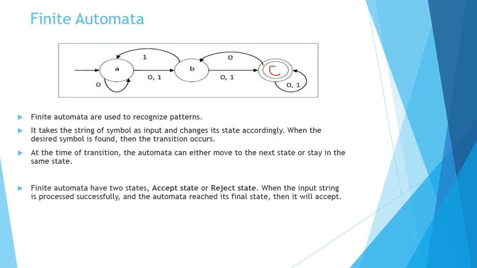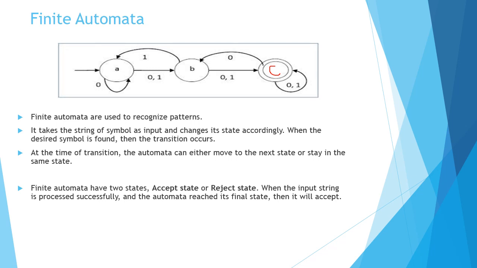One of the most important points is that finite automata have two outcomes, accept state or reject state. When the input string is processed successfully and the automata reaches its final state, it will accept. To understand this point, let me first introduce the initial state and final state.